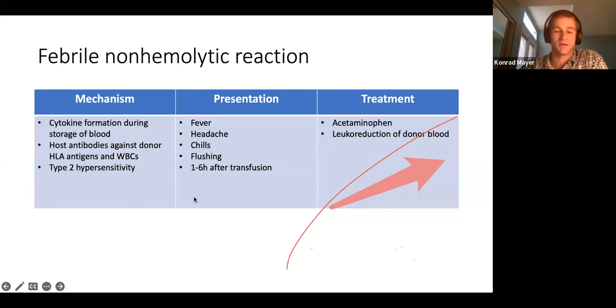Yes, this is not that bad, and it is important to recognize this. It is important to recognize that the fever is from the blood product. This can, for example, happen after operations.